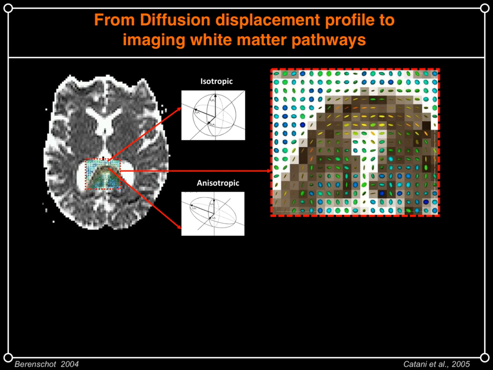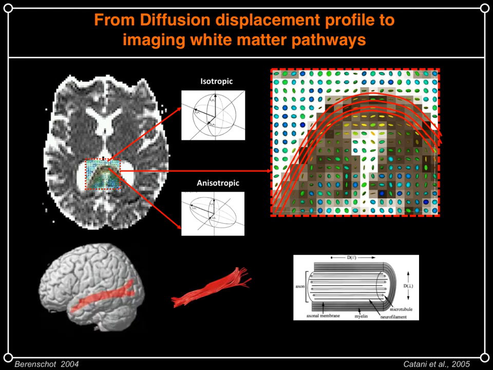And so you can characterize the diffusion displacement in this manner. These tend to be spherical. These are highly prolate. And from this, using computational algorithms, you can string these together to image white matter pathways. And from this, you can compute measures of axial diffusivity in a particular tract in the brain.